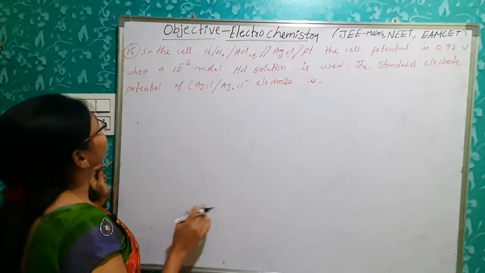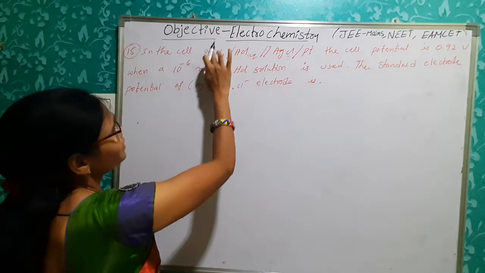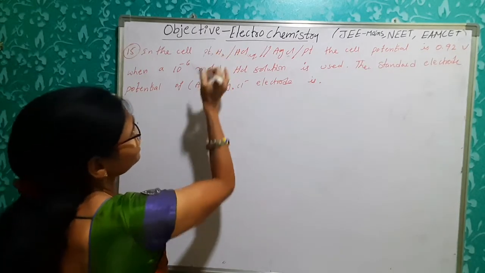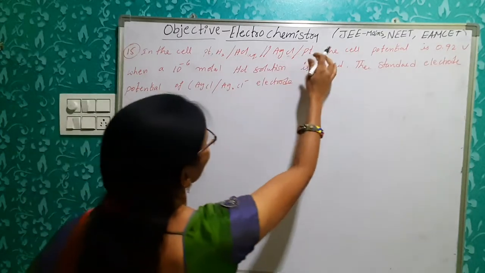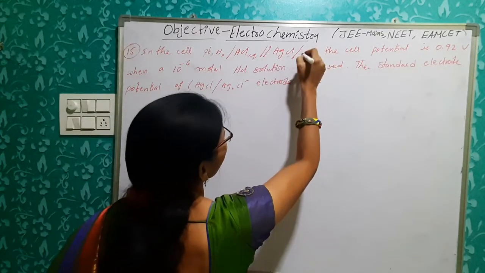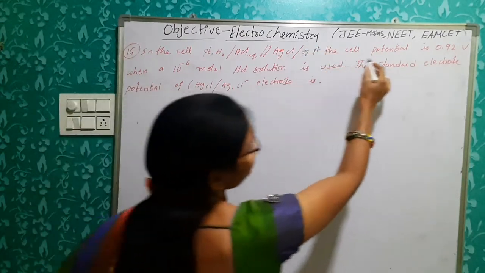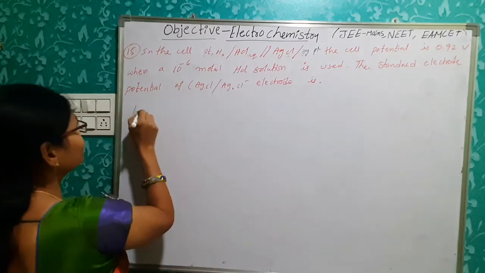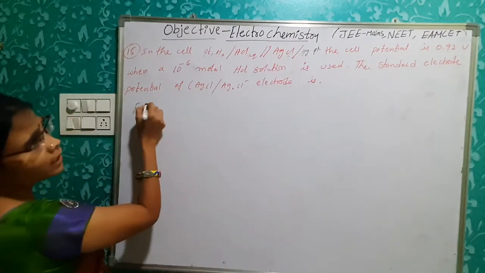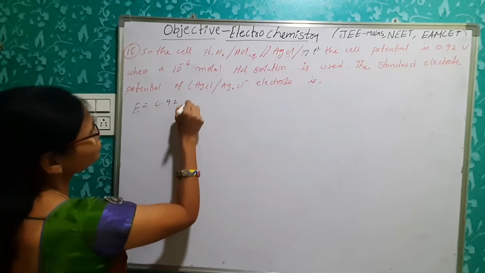Next problem, the 15th. In the cell platinum, H2 by HCl, AgCl by Ag, the cell potential is 0.92 volts. So E, the cell potential, is given as 0.92 volts.